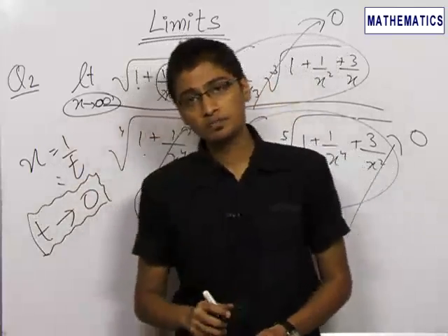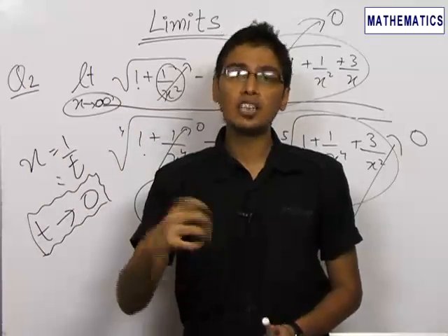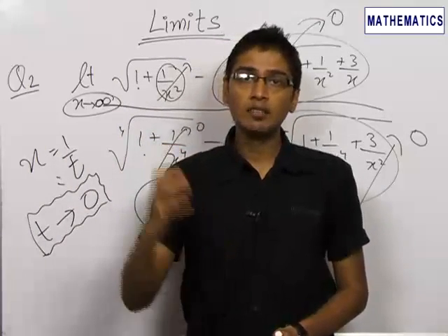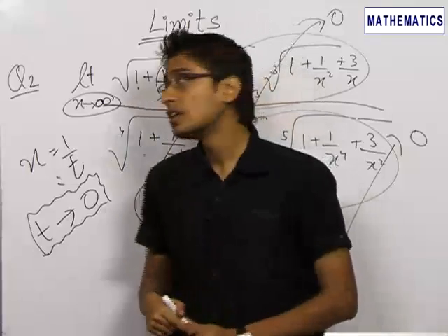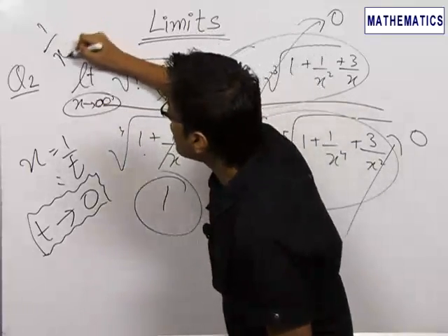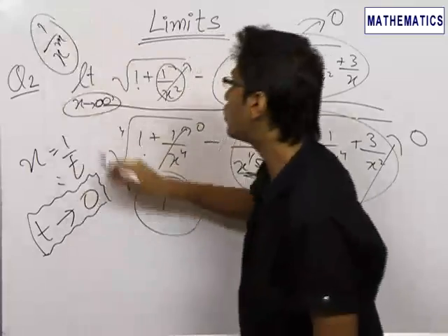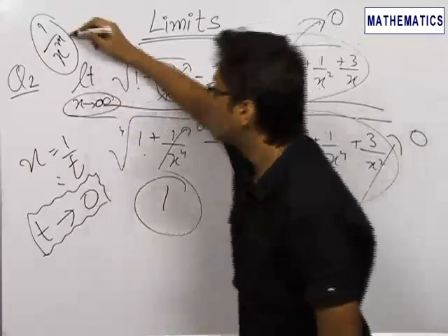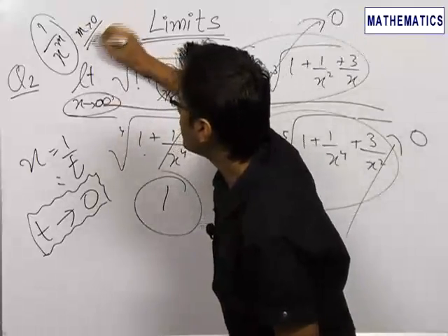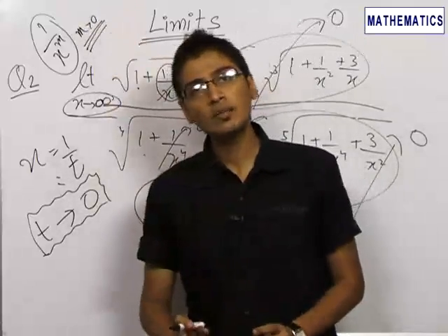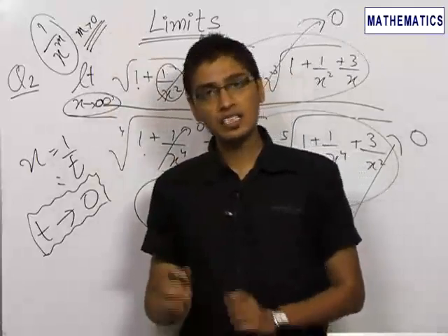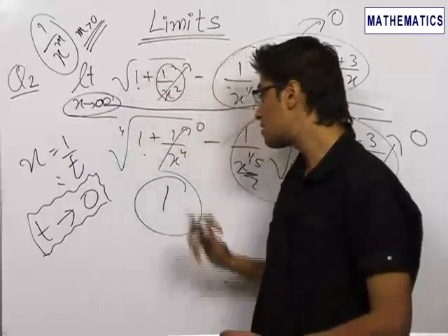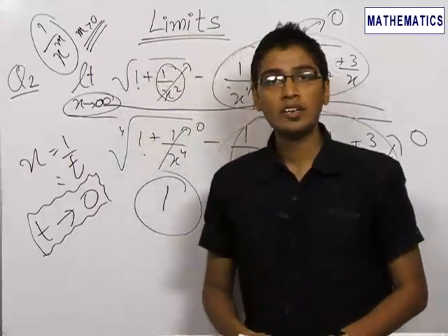The approach was, we tried to create terms like 1 upon x, 1 upon x square, 1 upon x cube, that is 1 upon x power m type of terms, so that we could very easily put x tending to infinity in order to clear out those terms. Here m was a positive quantity. This is the general and the most basic approach which we apply in these types of questions, and the final answer for this question is the limit equals 1.